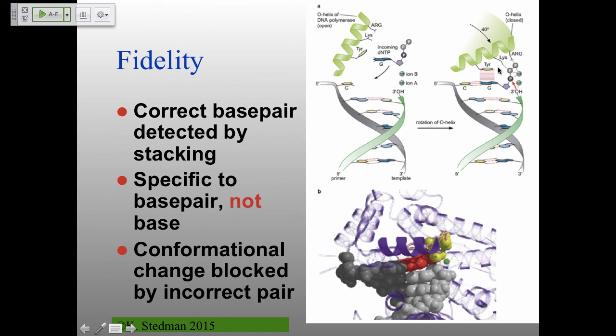So if you don't have a good base pair here, this is not going to stack properly. You're not going to bring the individual side chains in to catalyze this reaction. So it's all about the structure of the base pair and the change in the structure of the DNA polymerase, which gives you the appropriate base pair which is going to form.